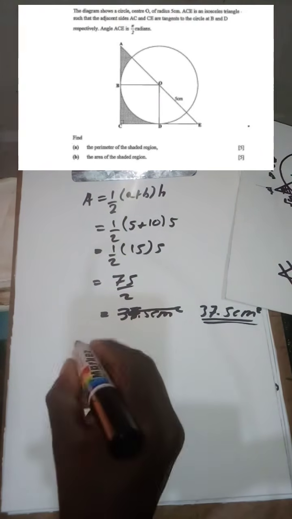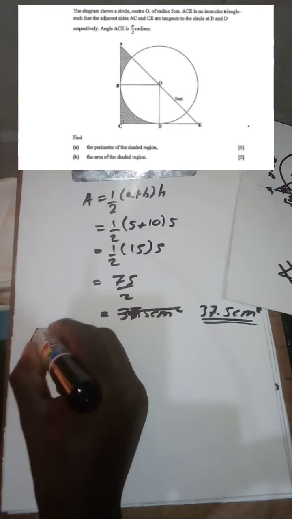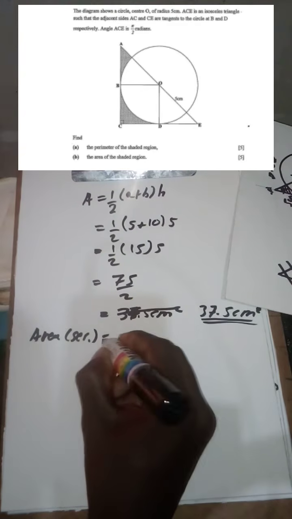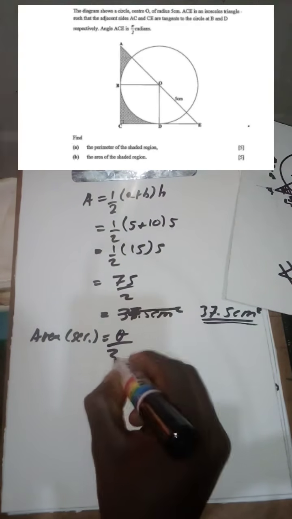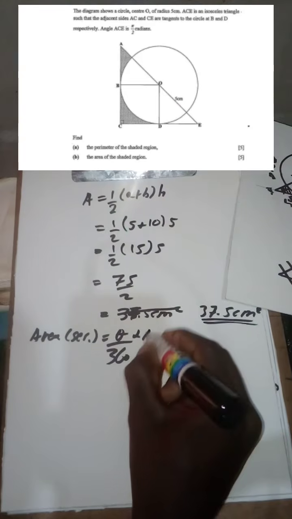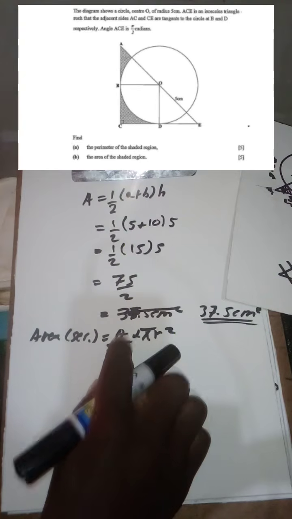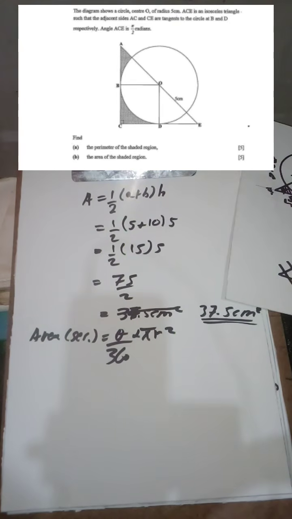Then the area of the sector is equal to theta over 360 multiplied by pi r squared. Remember, the area of a circle is found using pi r squared, but we add theta over 360 because we're not finding the whole circle. There is a certain angle that is just a part of 360 that we need to find.